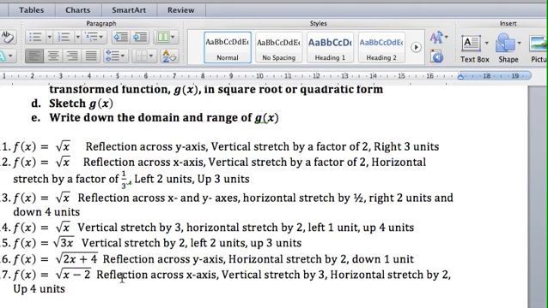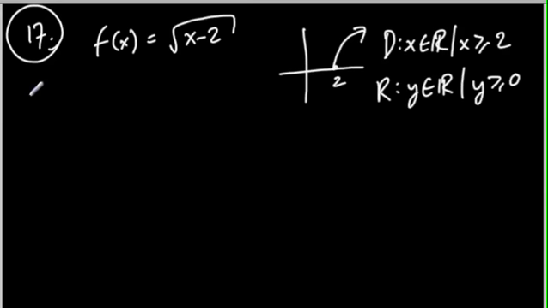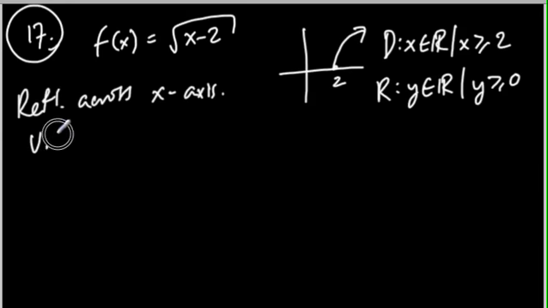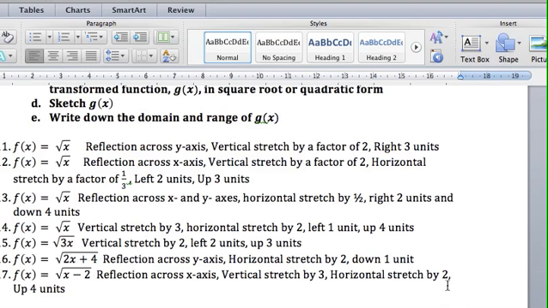Let's look at the transformations. So reflection across x, vertical stretch by 3, horizontal stretch by 2, and up 4. Okay. So reflection across the x-axis, vertical stretch by 3, horizontal stretch by 2. Let's double check that.